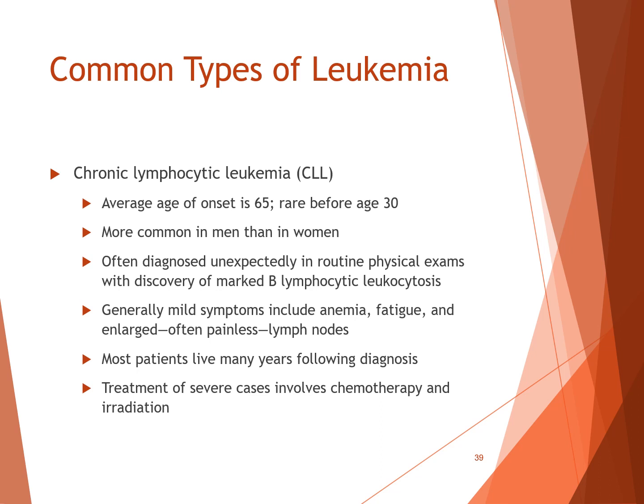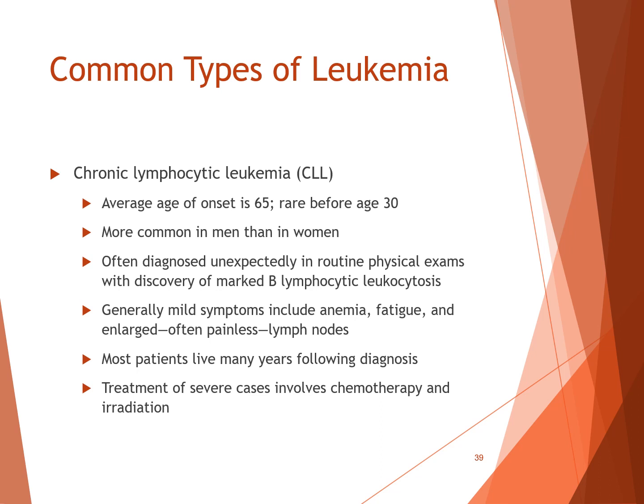The first one that we're going to talk about is chronic lymphocytic leukemia, or CLL, and it most commonly affects older adults, so it's rare in individuals younger than 30 years of age, and oftentimes there is an onset at about 65 years of age and it is more common in men than women.